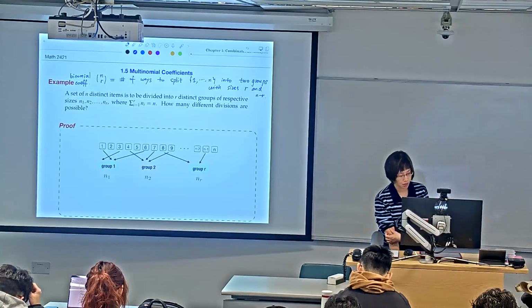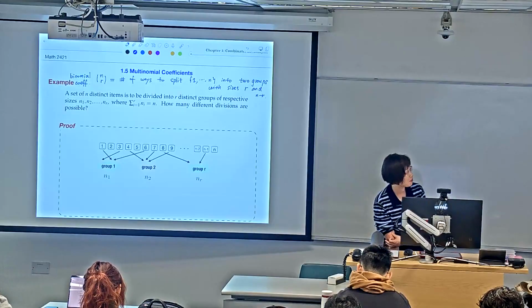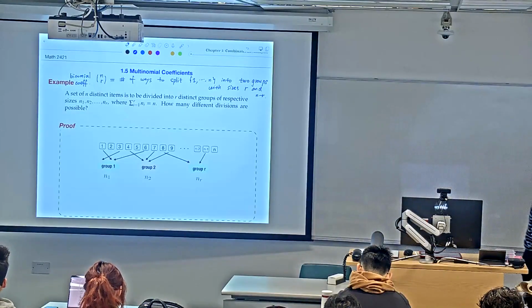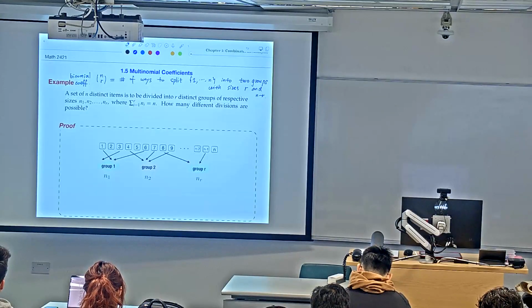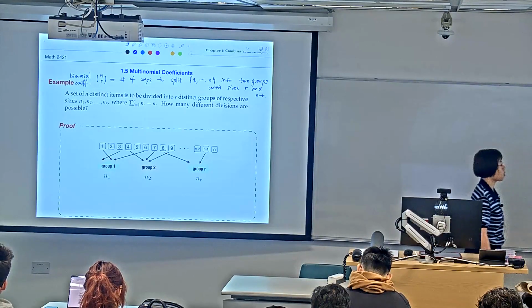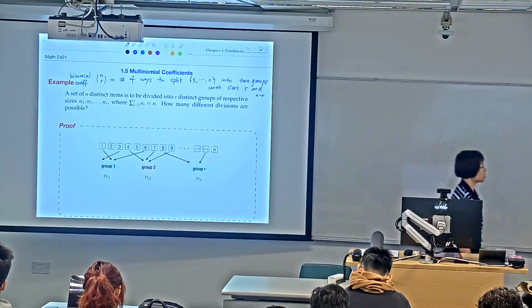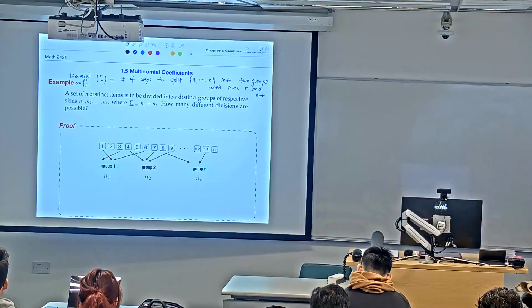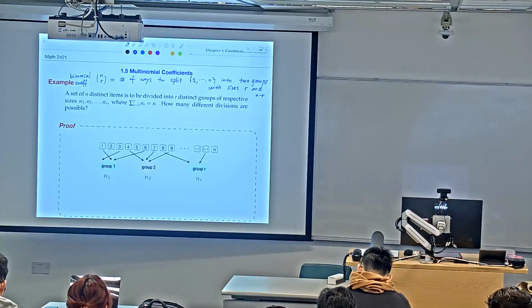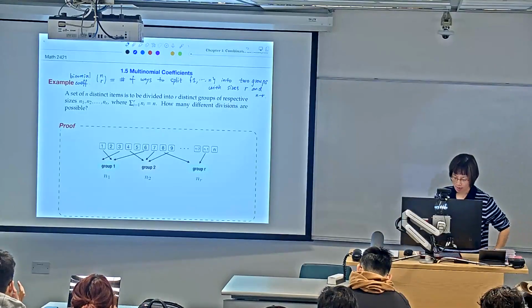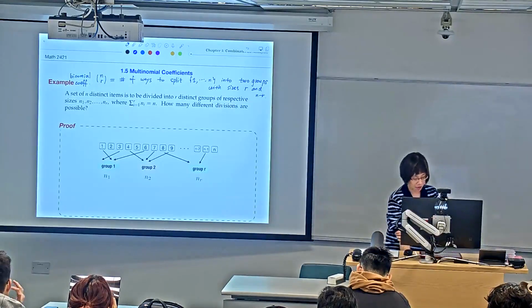For example, now we have n distinct atoms, and we want to divide them into r distinct groups of respective sizes n1, n2, up to nr. The sum of the sizes is the total of n distinct items, and we want to find out how many different divisions are possible.